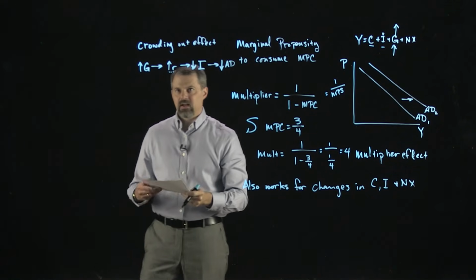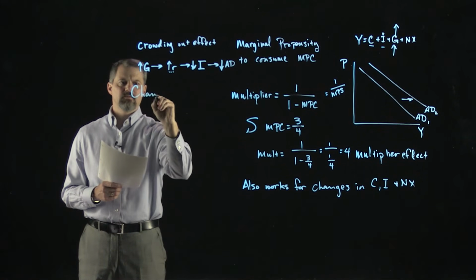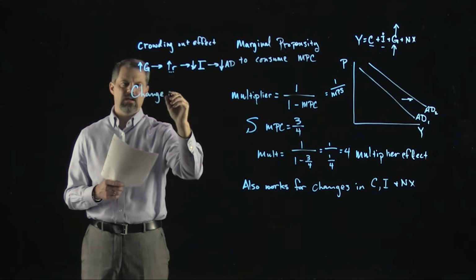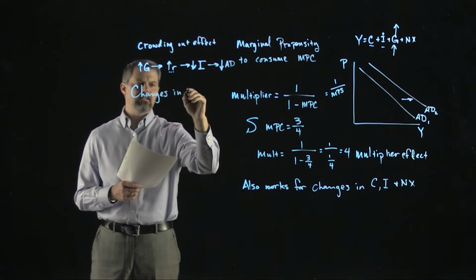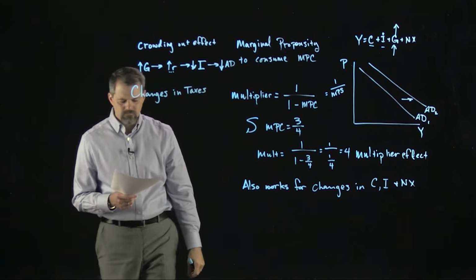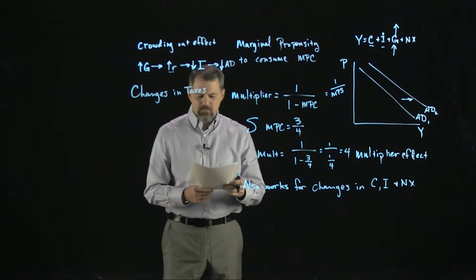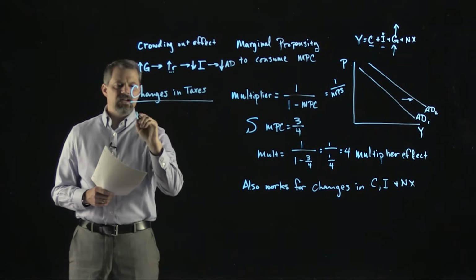Let's talk about now changes in taxes. We've talked about half of fiscal policy, the changes in spending. Let's talk about changes in taxes. So we can think about a tax cut.